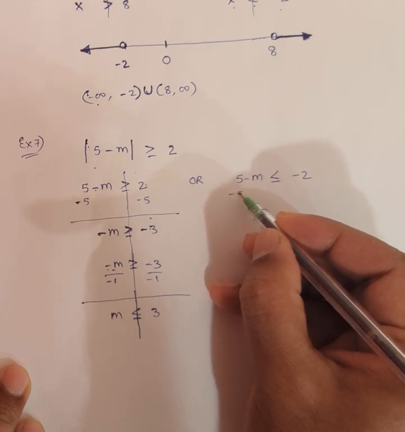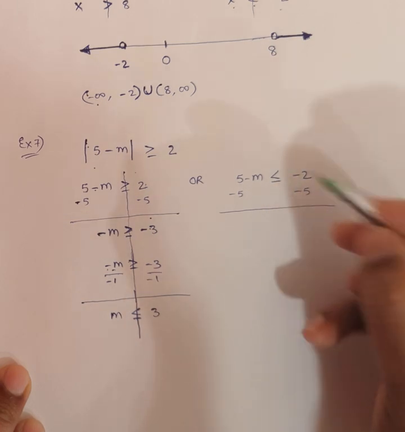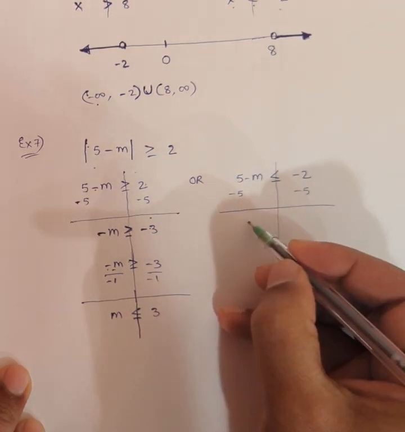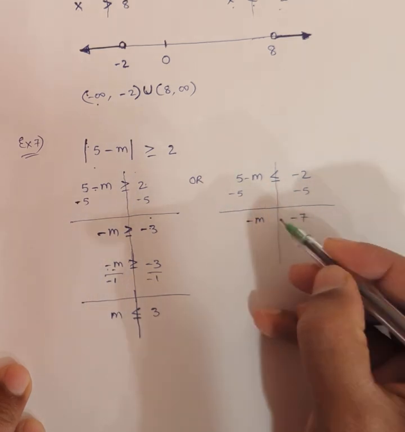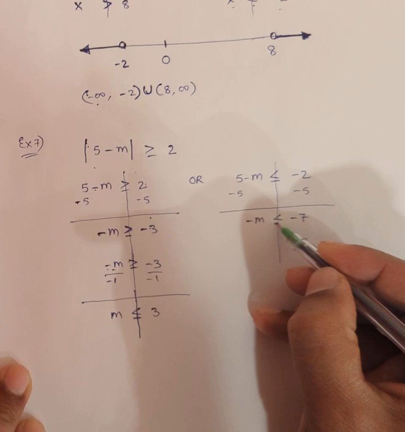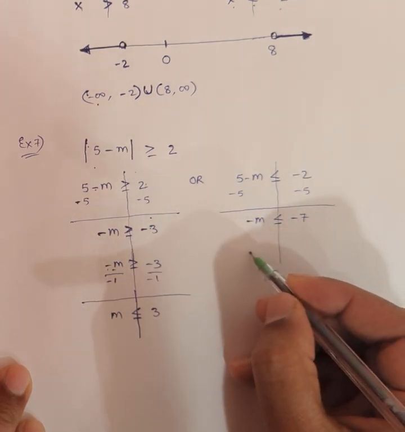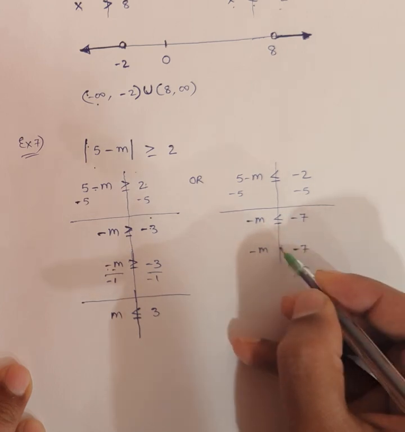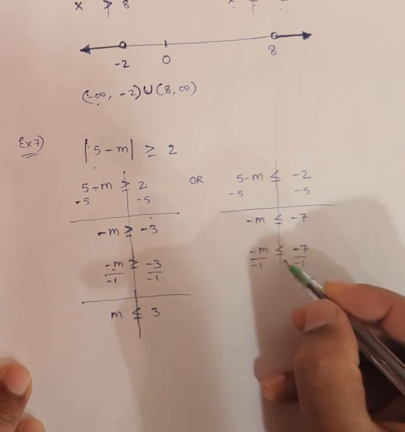So let's do that. Subtract 5 from both sides. Then 5 minus 5, it's negative m, and that is negative 7. Subtracting does not matter to the inequality, it remains the same. Then again, let's copy that and then divide both sides by negative 1.